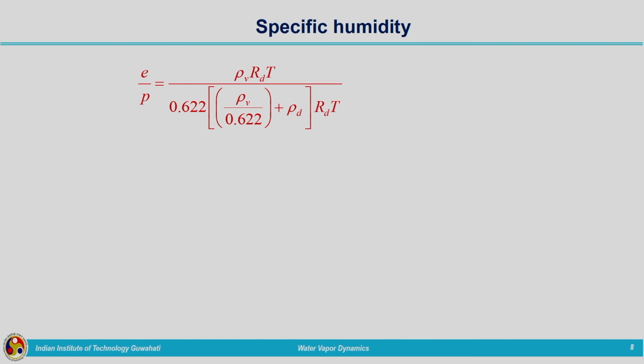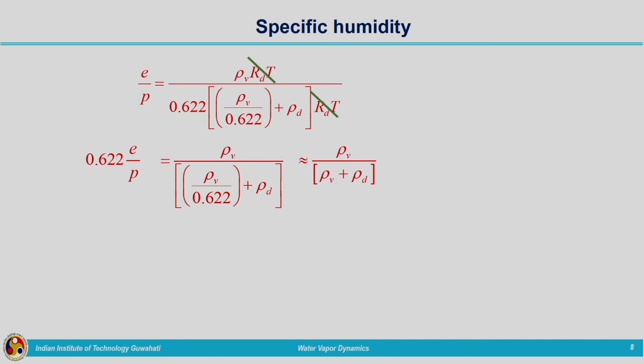Now we can cancel out the similar terms. Rd T gets cancelled and we take 0.622 to the left hand side. So the expression takes the form 0.622 E by P is equal to rho v divided by (rho v divided by 0.622 plus rho d). Now we make a certain approximation. This is approximated as rho v divided by (rho v plus rho d).